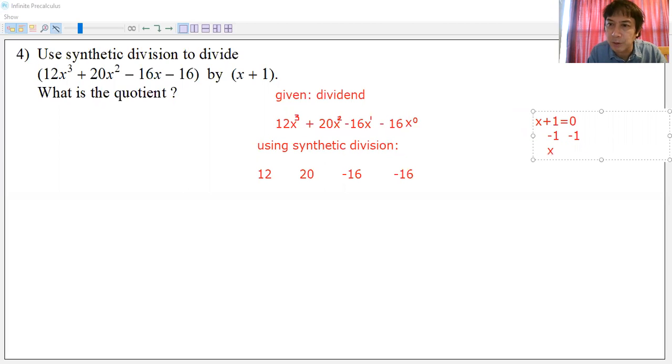So x is equal to negative 1. This will be our trial divisor, the value x equals negative 1. So you can write that over here, negative 1, and then put a line.